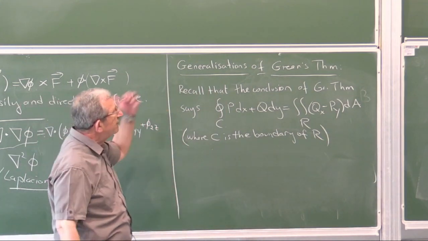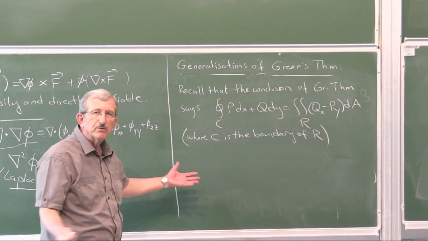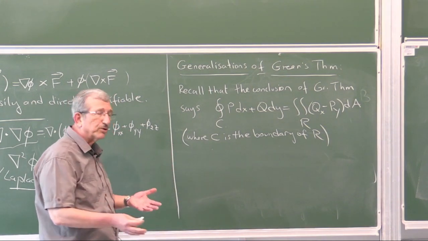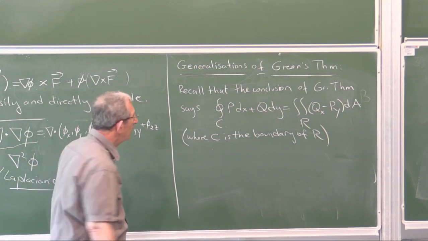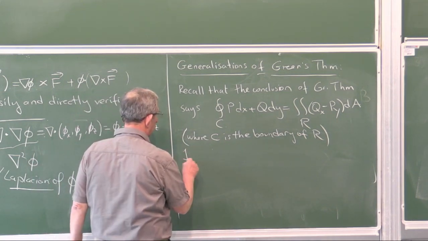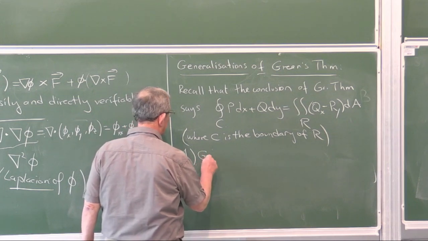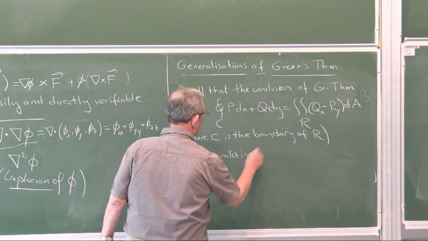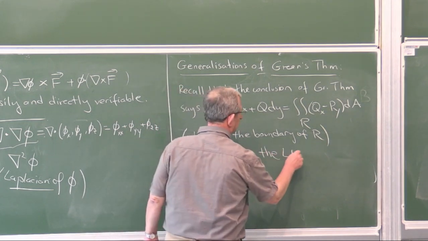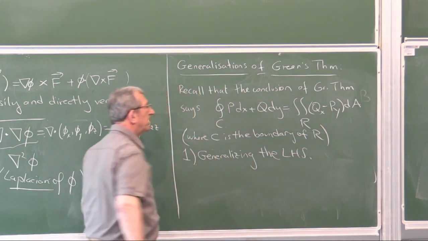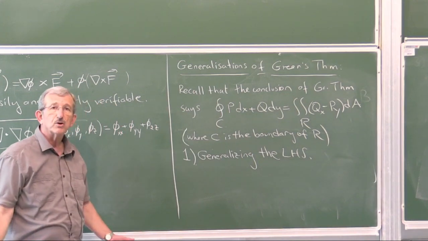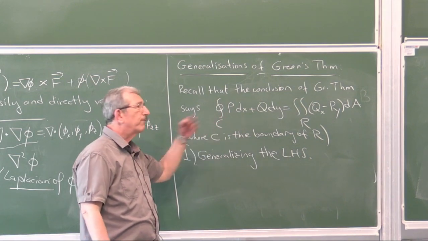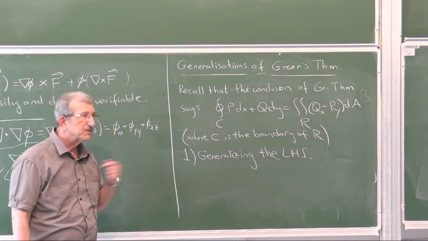Now, how can we generalize this? Well, roughly two ways. You can generalize the left-hand side and see what you get, and the right-hand side. So, the first one, okay, generalizing the left-hand side. Well, this is a line integral in the plane. So how do you generalize it? It becomes a curve, okay, in space.